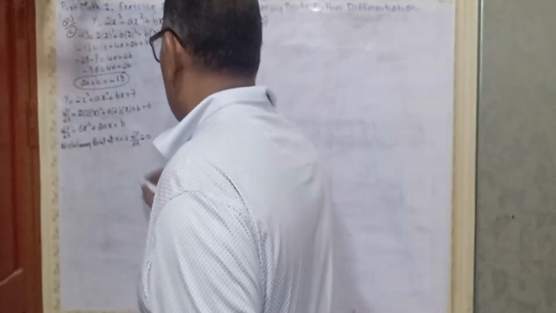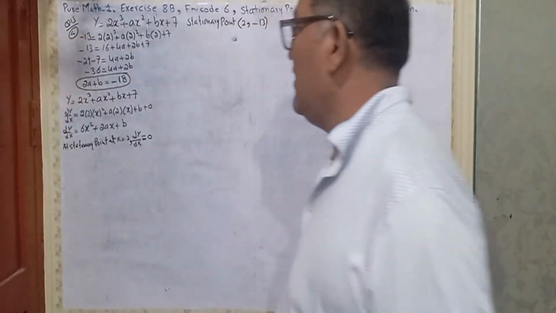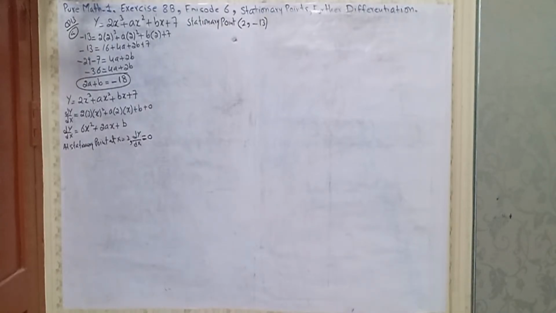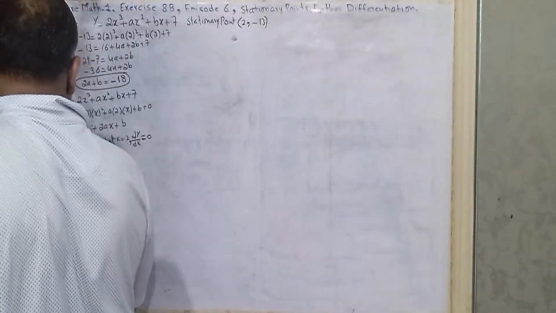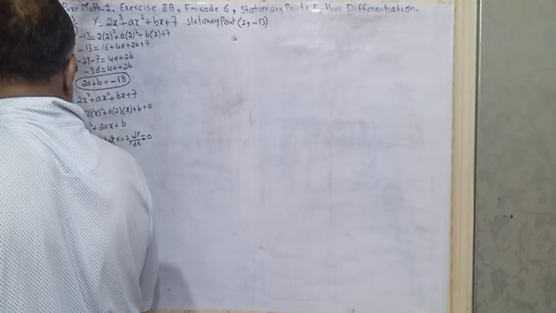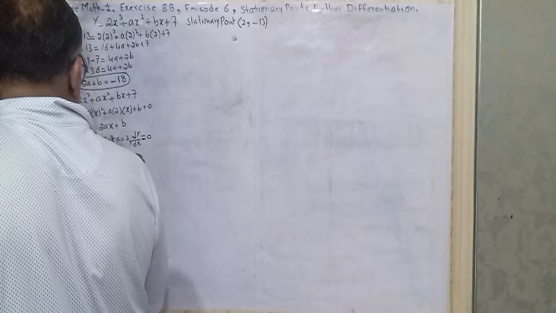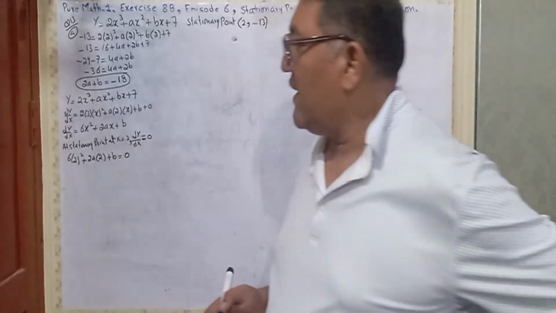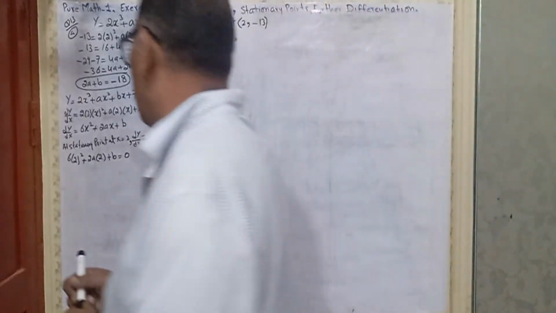In the expression of dy/dx, I will substitute x with 2 and make the whole expression equal to 0. So 6 into 2 squared plus 2a into 2 plus b equals 0. You can see in place of x I put 2 and made dy/dx equal 0.